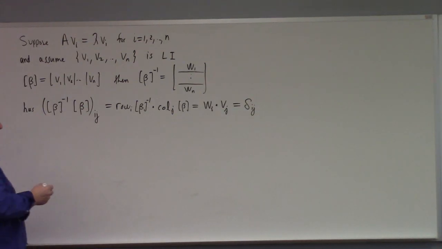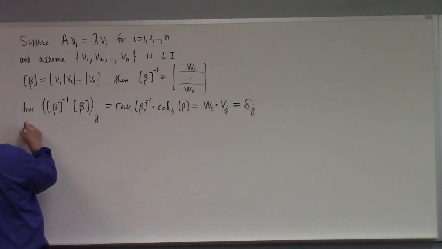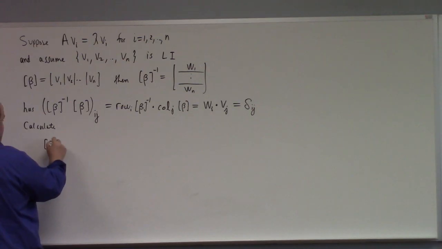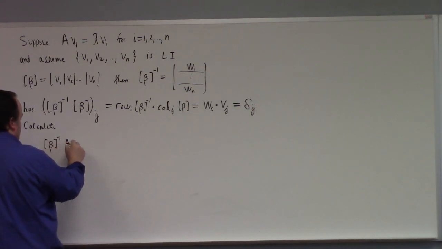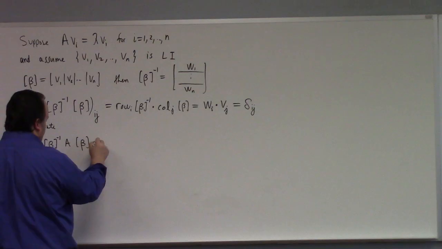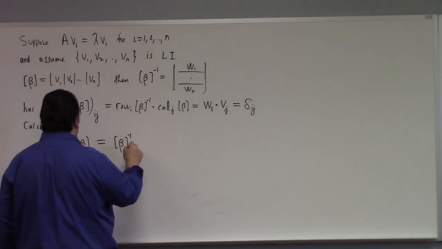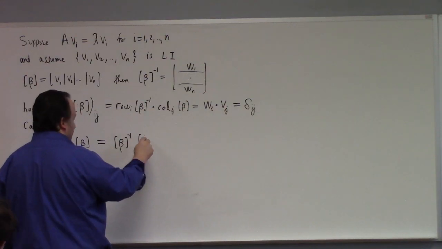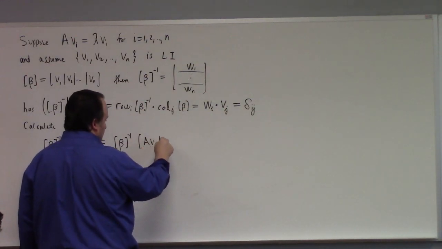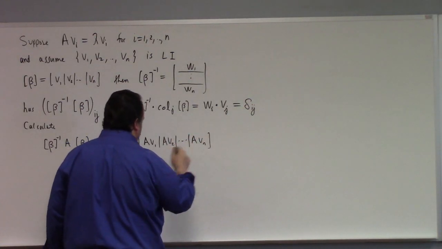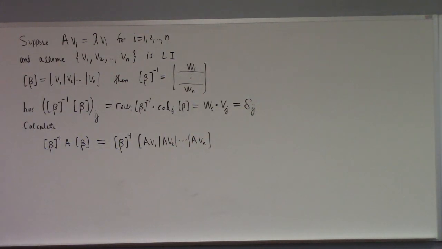So let's calculate then beta inverse A times beta, all right? We'll keep the beta inverse over here for a second. And A times beta is really what? That's really A V1, A V2, A Vn, right? Do you guys follow me so far?